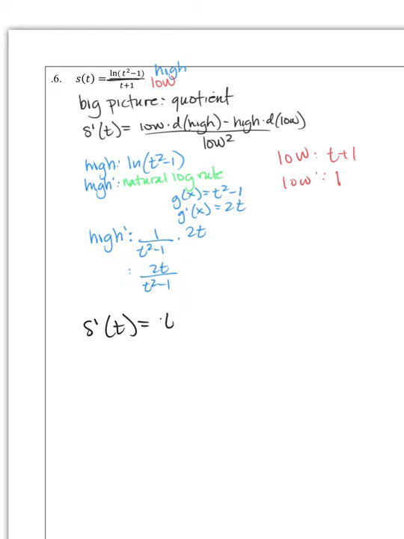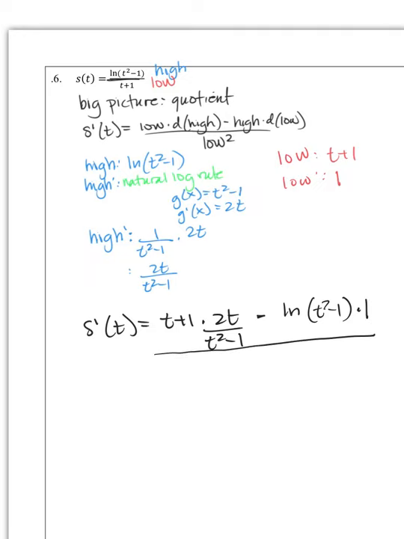Our low is the t plus 1 times the derivative of the high, which is 2t over t squared minus 1, minus the high, the natural log of t squared minus 1, times the derivative of the low, which is 1, and all of this is over the low squared, so t plus 1 squared.